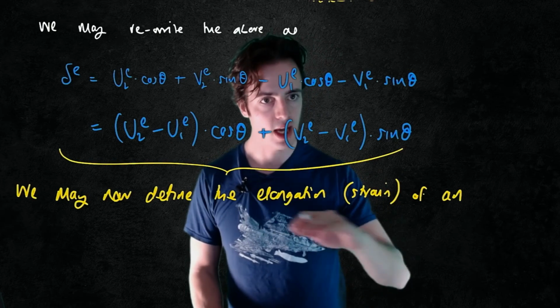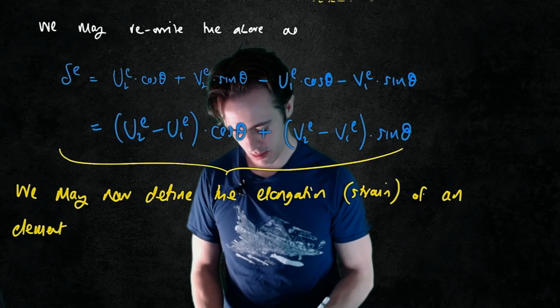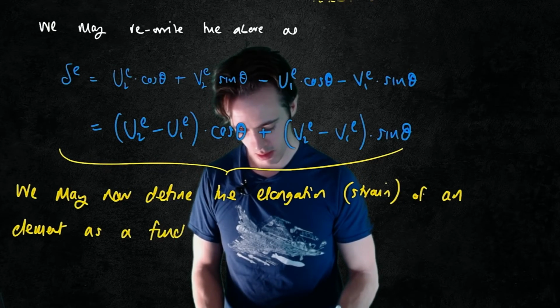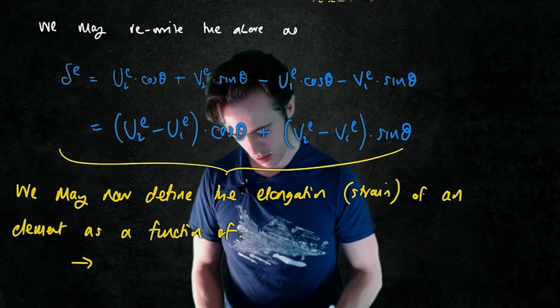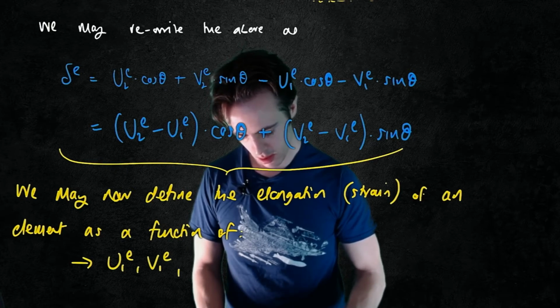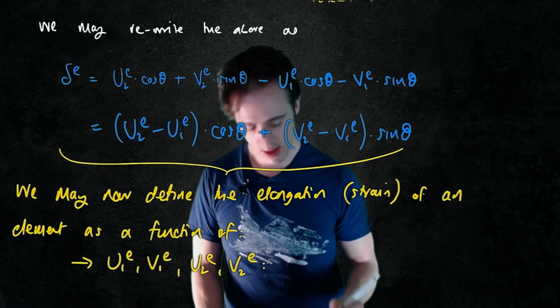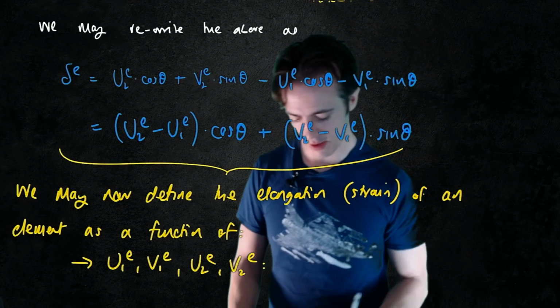But we can define the elongation of an element as a function of these displacements of each node in the global coordinate system.